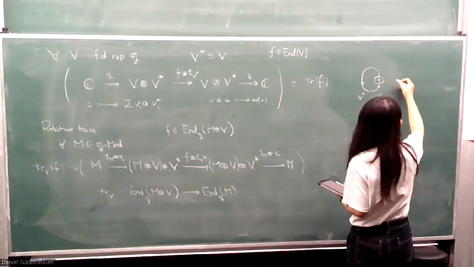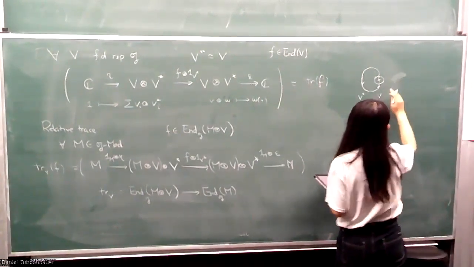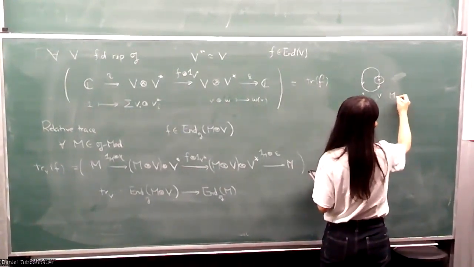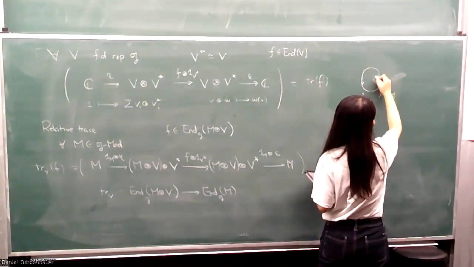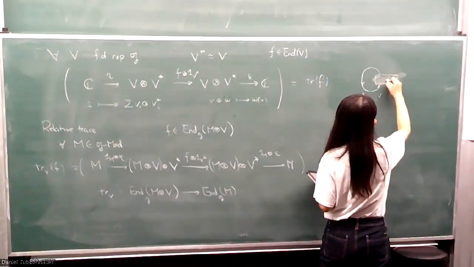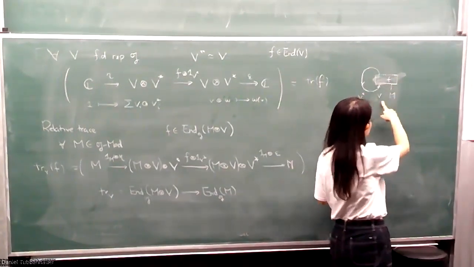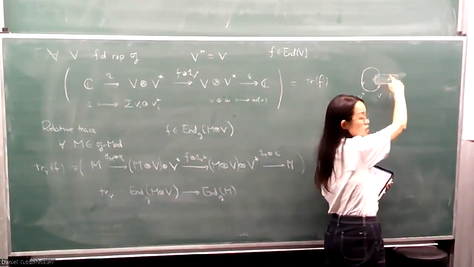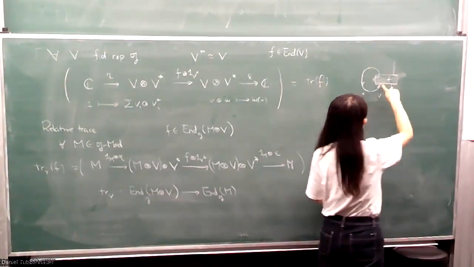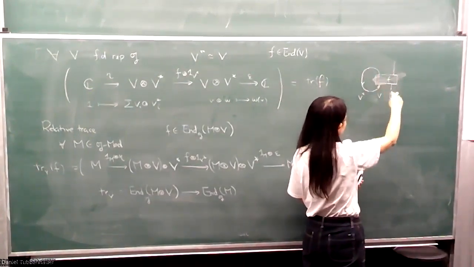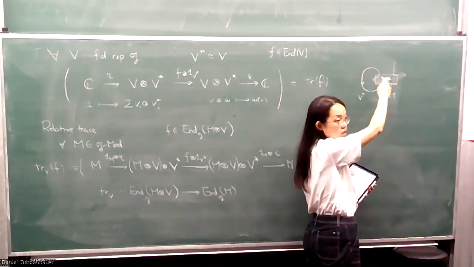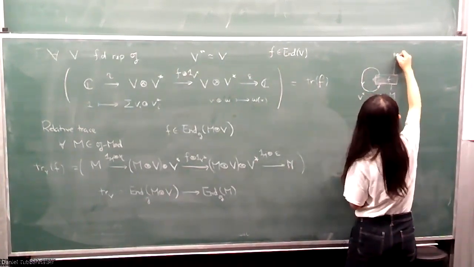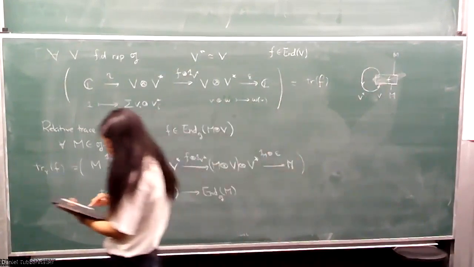The relative thing is just that you replace F by an endomorphism of M tensor B itself. And so you just close the directions on B, and you still get an endomorphism of M. So this is this notion of relative trace.